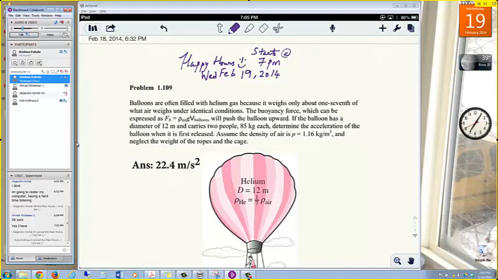First you have to determine the state. You're given a pressure and a specific volume, right? So first you look up the tables and decide whether it is saturated or superheated.